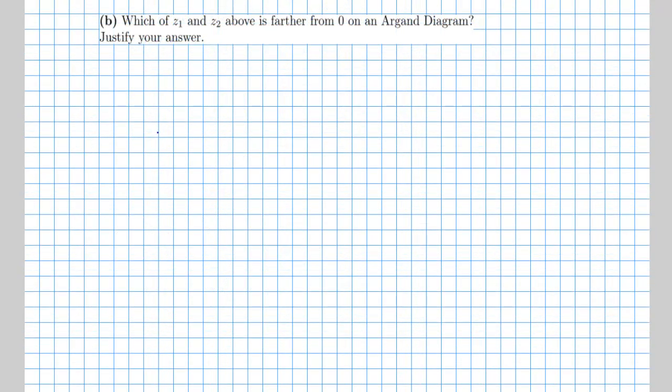Now the very last bit of the question, part B, asks which of z1 and z2 above is farther from 0 on an Argand diagram, and we have to justify our answer. So just recall that z1 was 16 minus 11i, and z2 was 13 plus 17i.